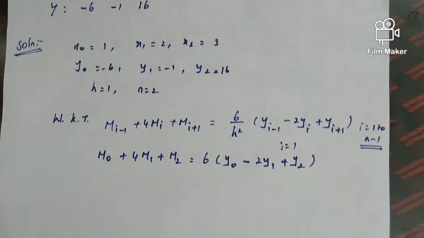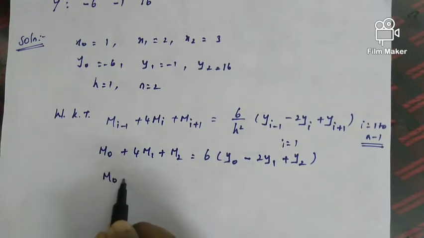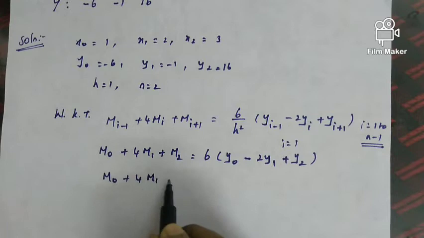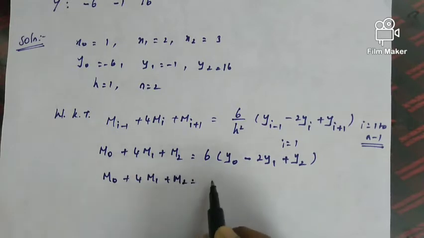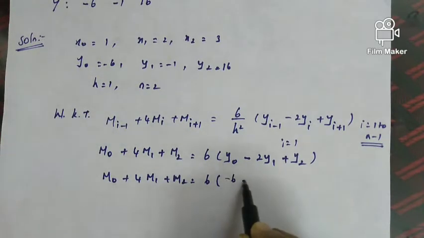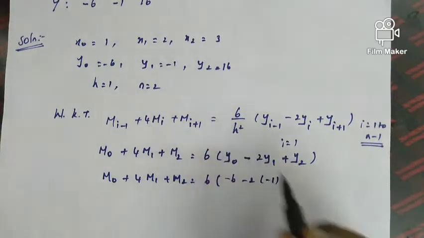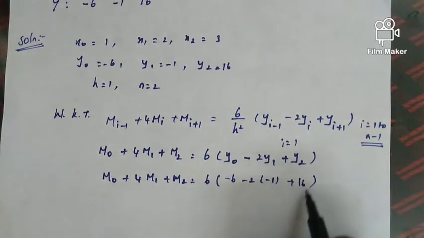So now we got an equation like this. In this one we are supposed to substitute the values of y0, y1, y2. So m0 plus 4m1 plus m2 equal to 6 into y0, y0 is minus 6, minus 2 into y1, y1 is minus 1, plus y2, y2 is 16.